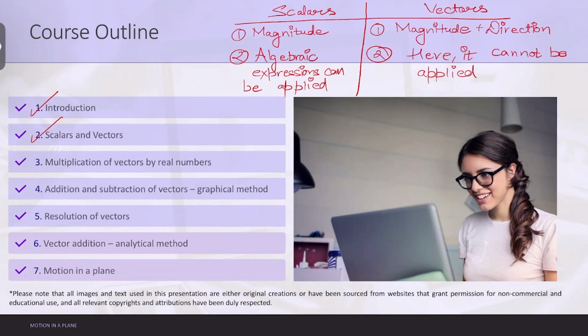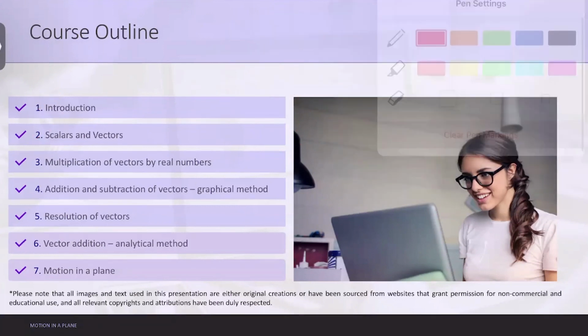Examples of scalars can be path length, time, temperature. Examples of vectors are velocity, displacement, acceleration, etc.